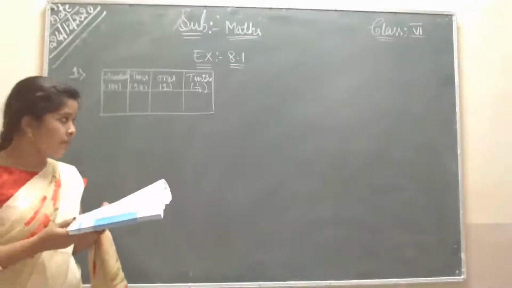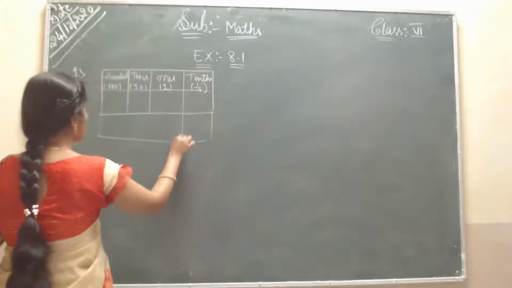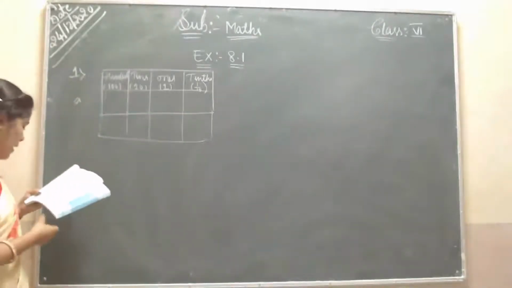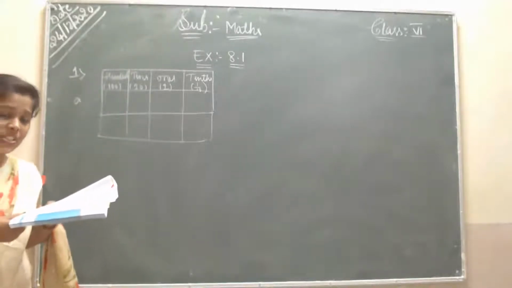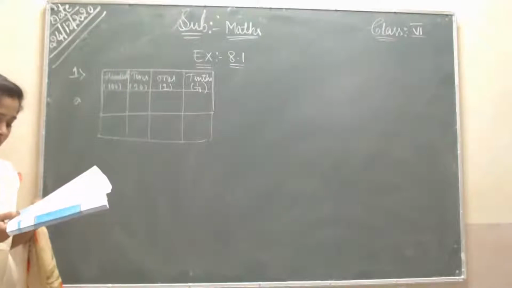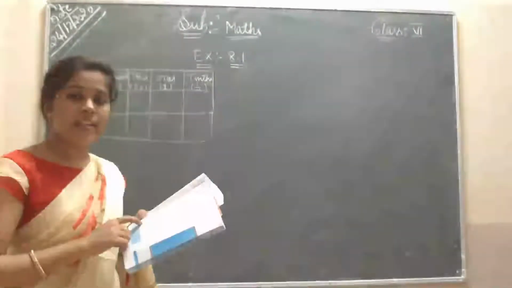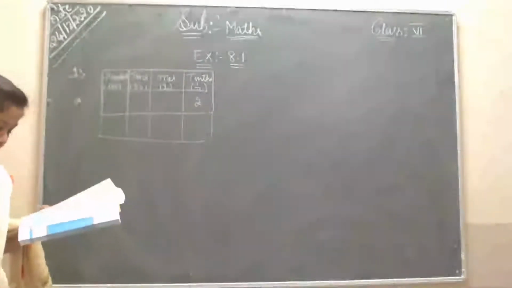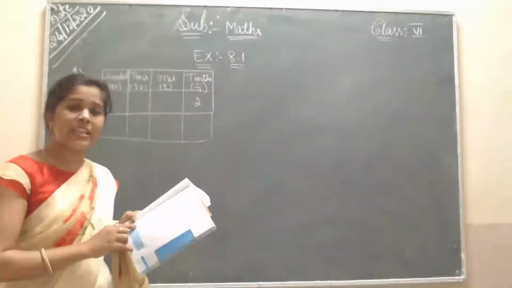See here, A and B are given. In A, tens is given. How many tens are in this figure? There are 2 tens, so we write 2 in the tens box. Next, ones. How many ones are given in this figure?